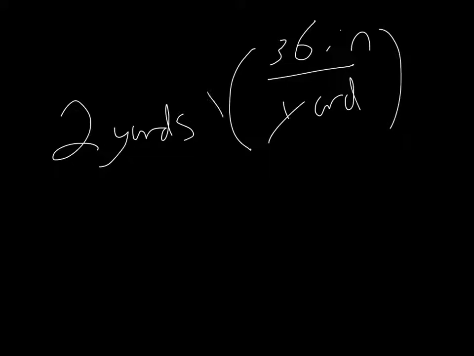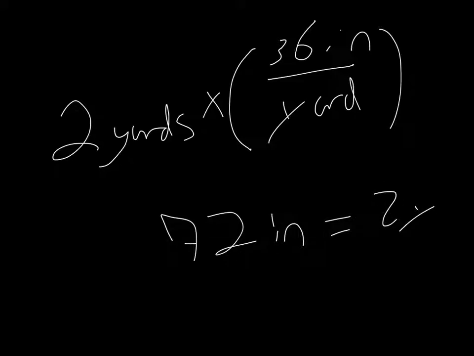And we just multiply the 2 by 36, and then we know that there's 72 inches, and that equals 2 yards. Well, very simple, but if you don't know how to do that, learn how to do that before you even watch this video. It's incredibly important. So, time to go.